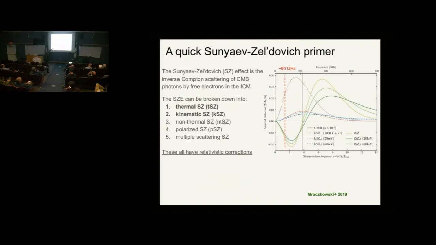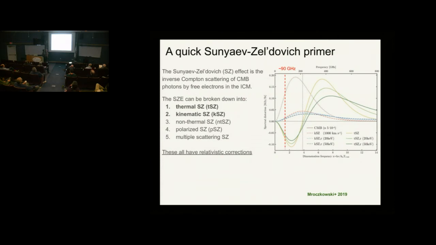So the thermal SZ is shown with the solid lines on the right figure here, and there is some temperature dependence within the ICM. You see that the hotter you get, the more relativistic your gas gets. You have a different shape from, say, this yellow line.